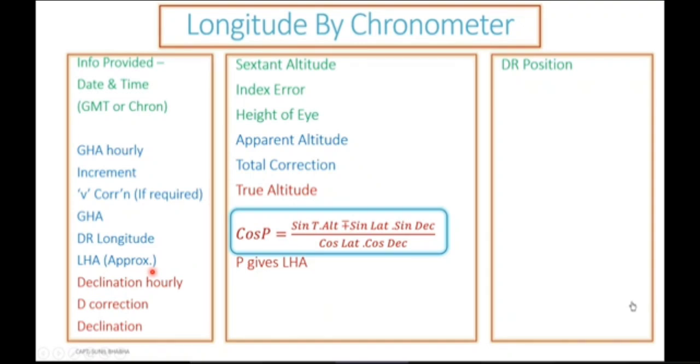And if both of them are not matching, you subtract P from 360, get 360 minus P, and you will see that that value is going to match up with the approx LHA. So this tells you that in this case, LHA will be equal to 360 minus P.